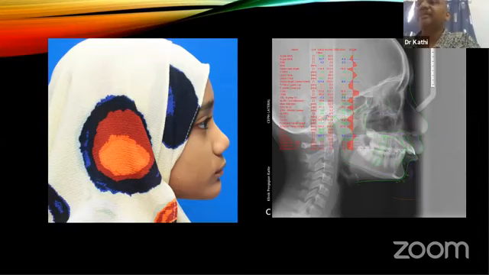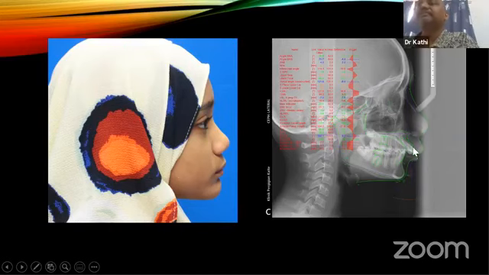Another point that I need to highlight is that it is very imperative to get good lateral ceph x-rays, but you should not just stop at getting a good lateral ceph x-ray. You must trace it properly. If not, there is no use in getting a lateral ceph just for the sole purpose of taking a lateral ceph, because there is a vast amount of information that you can get from a properly traced lateral ceph.